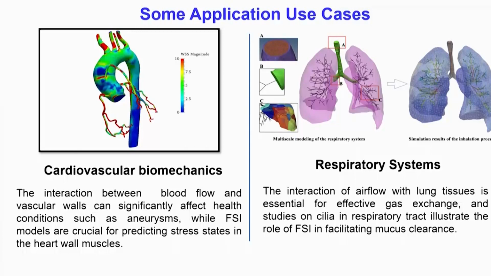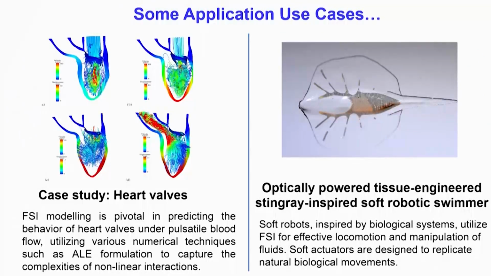Respiratory system: the interaction between the airflow and the lung tissues, and if you understand this properly, then you understand the mechanism of gas exchange. You have cilia in the respiratory tract, and they are controlling the movement of this. That is also fluid structure interaction coming into play, because it is dynamic.